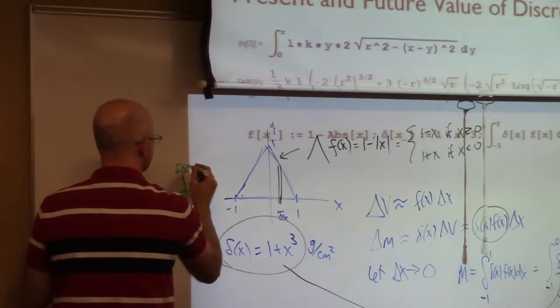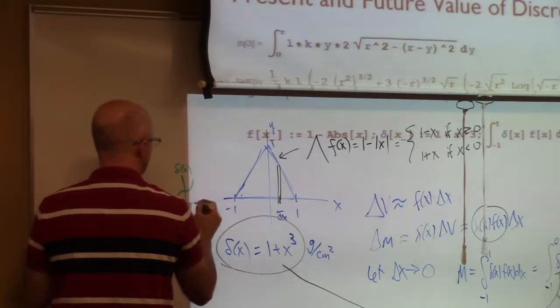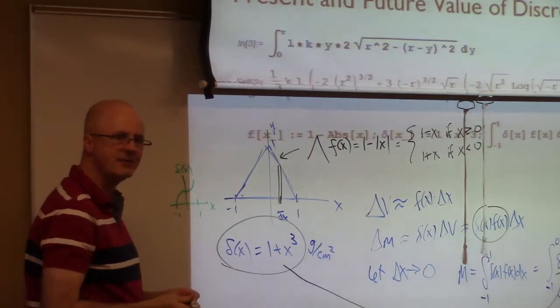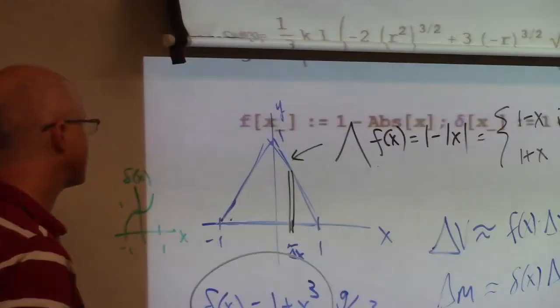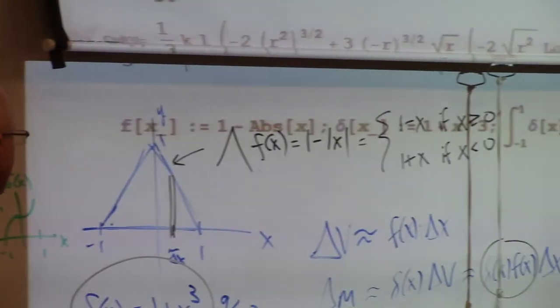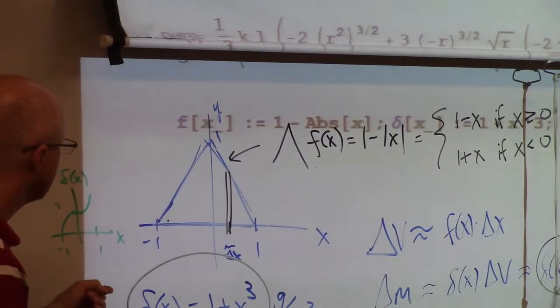That's a graph of delta of x as a function of x as you go from -1 to 1. Its average value would be 1. So you might guess that the average density of the sheet of metal here, if you're imagining it to be a sheet of metal, would be 1 gram per square centimeter.